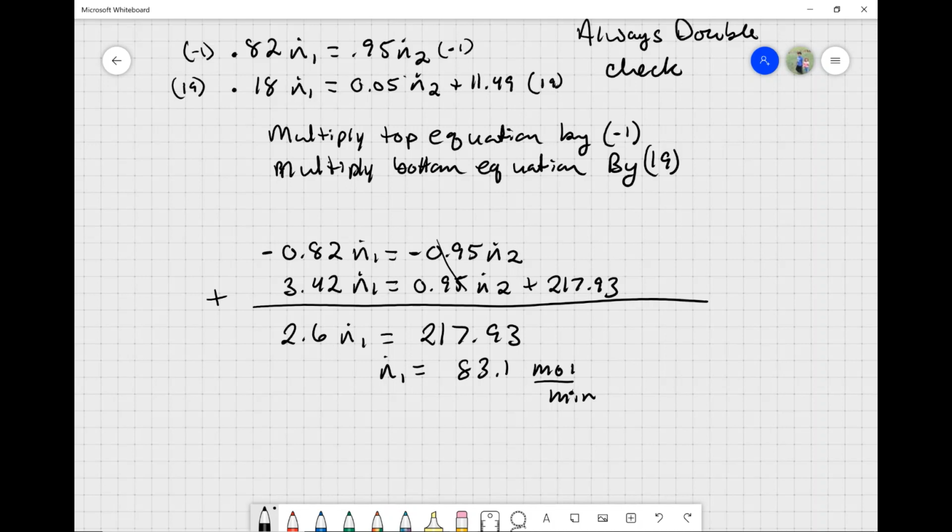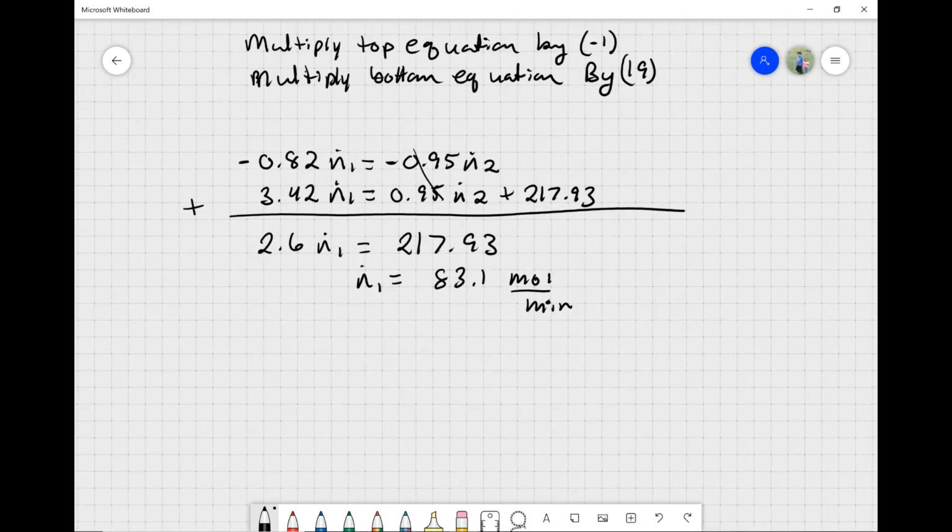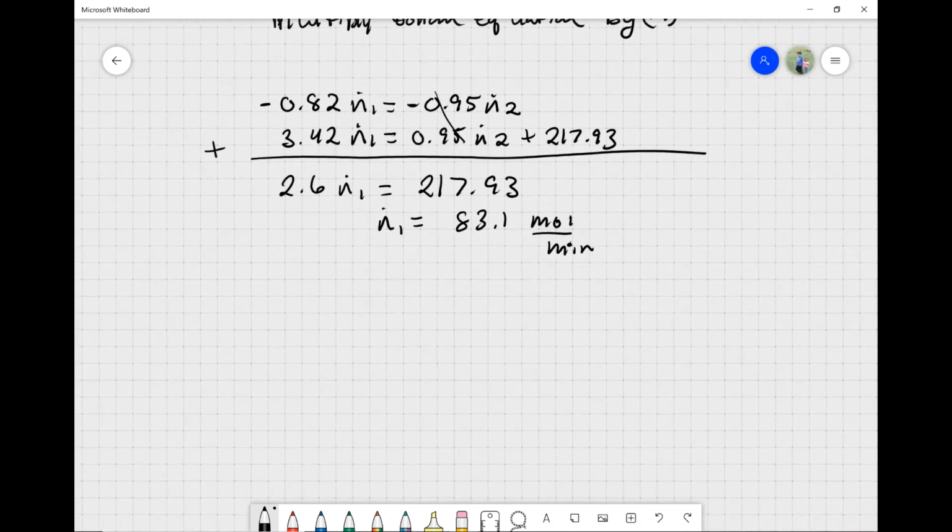And you can use it to check your answer, but this video has gotten kind of long, and so I'm going to use the total balance. So N1 equals N2 plus N3.